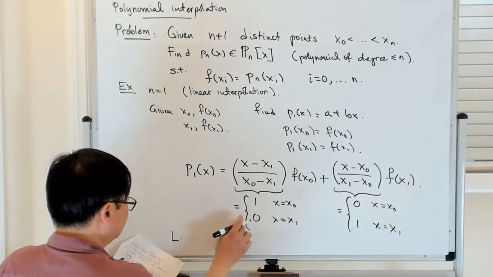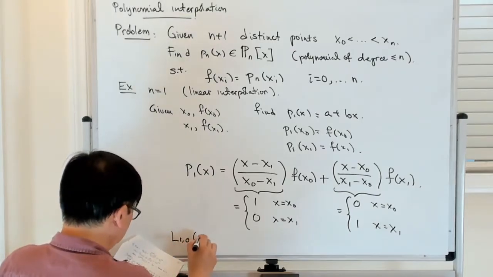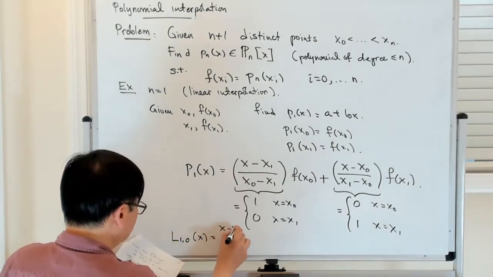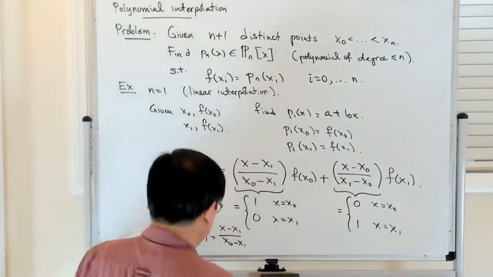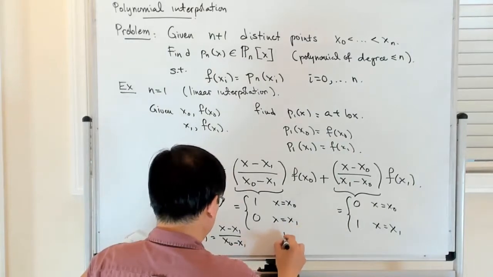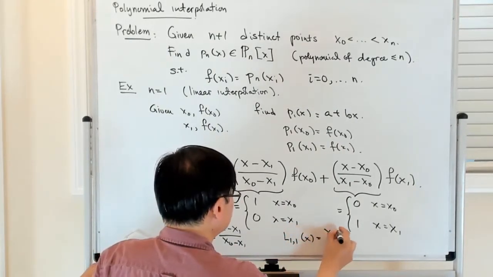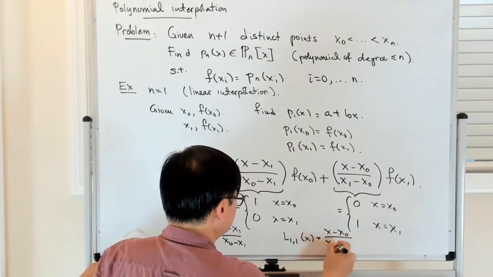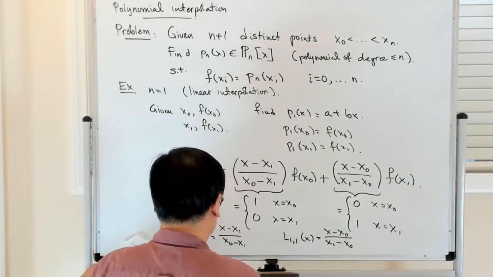So I'm going to write the first one as L1,0 of x, equal to x minus x1 divided by x0 minus x1, and then L1,1 of x is equal to x minus x0 over x1 minus x0.